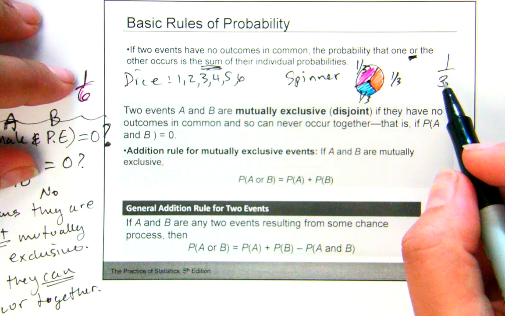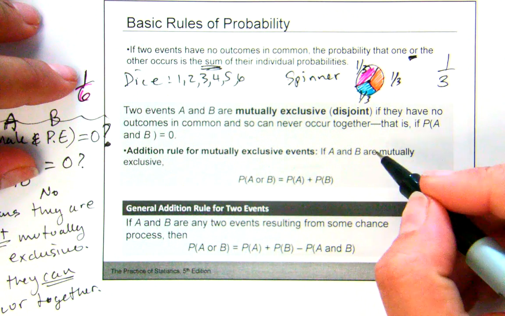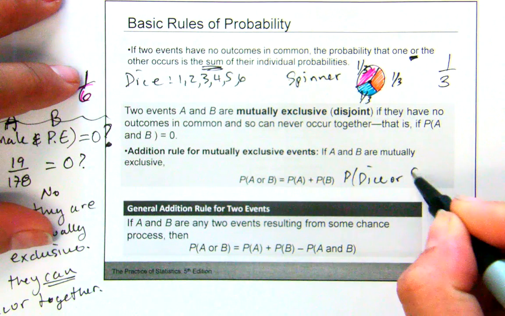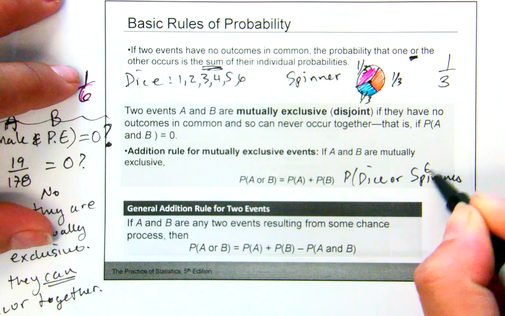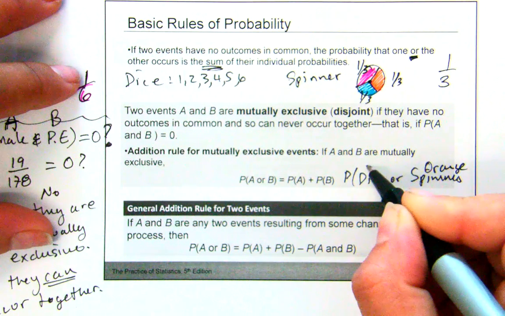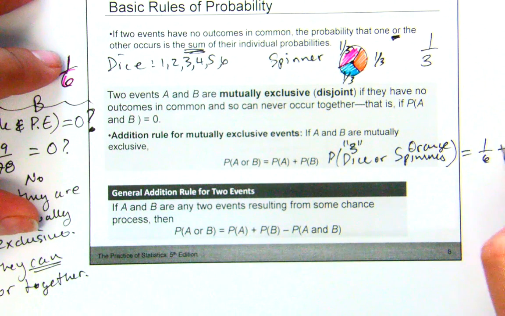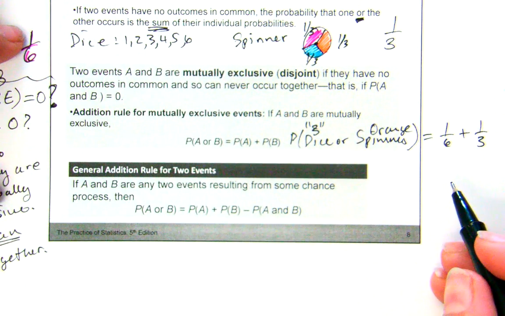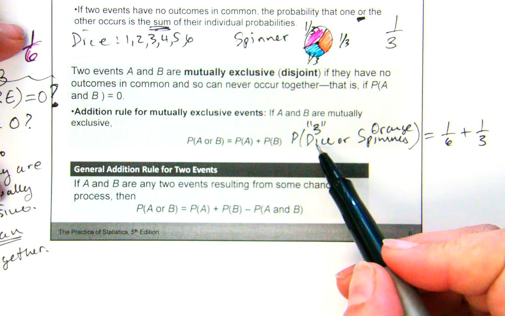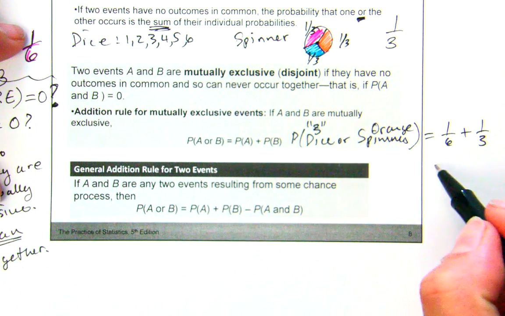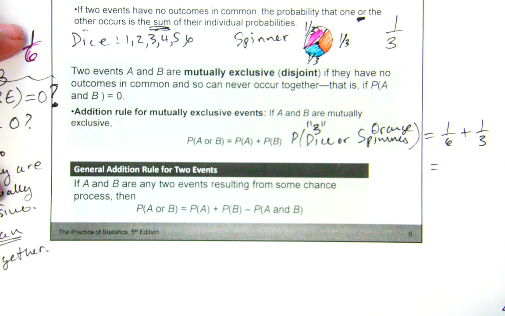If I know that they have nothing to do with each other, then I can say the probability of rolling a 3 on the dice or getting an orange spinner is just 1/6 plus 1/3. Sorry if you can't see. So add those probabilities together, and that's your probability of getting a 3 or getting an orange.